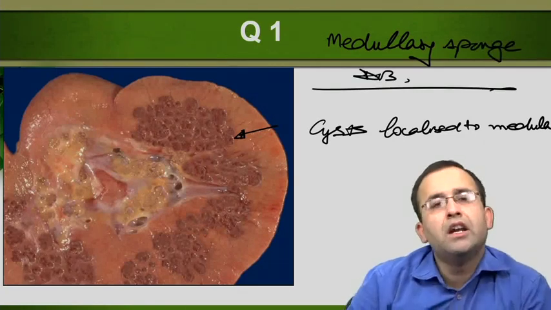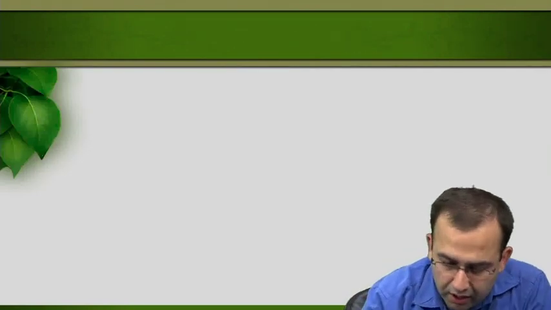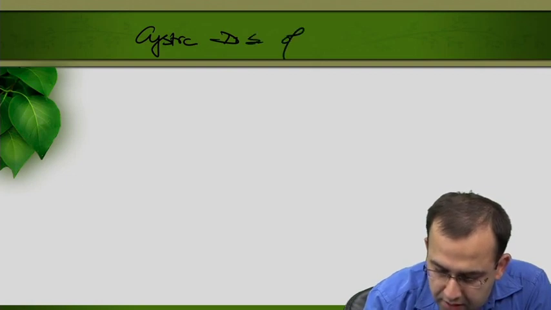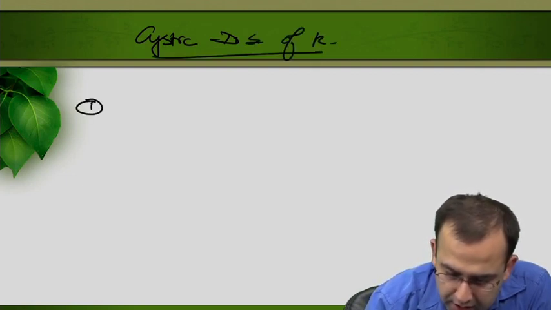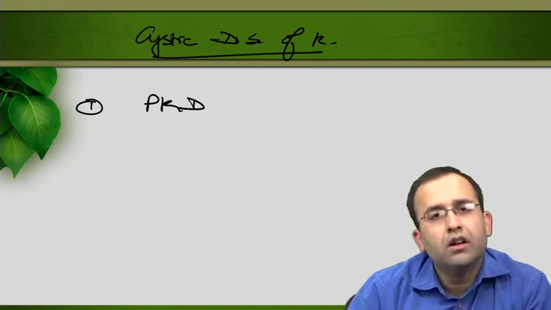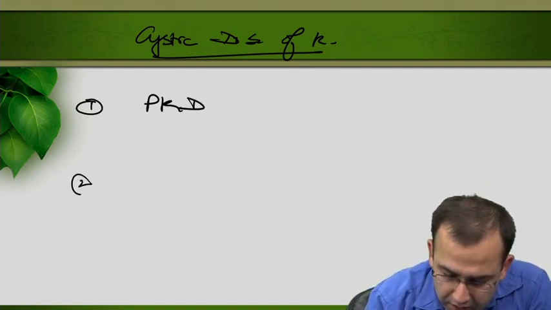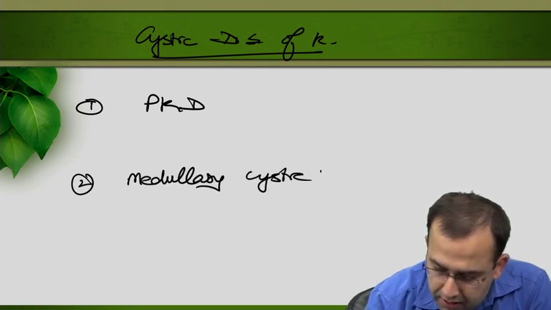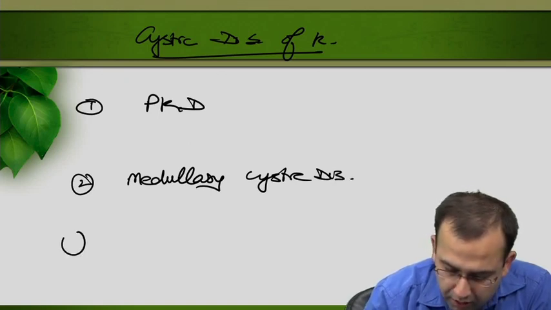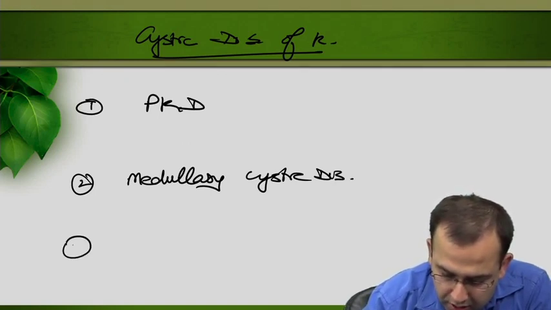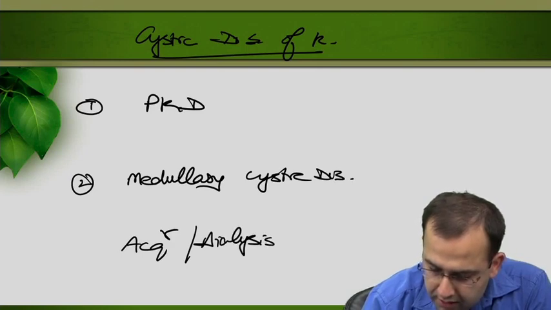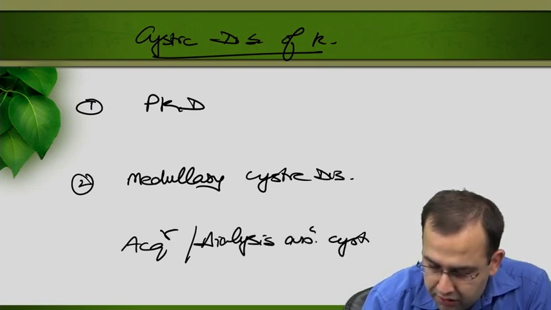So firstly, I can divide cystic diseases of the kidney into three main categories, that is the polycystic kidney diseases, PKD, the medullary cystic diseases, and the last is acquired or dialysis associated cystic diseases of the kidney. First point.